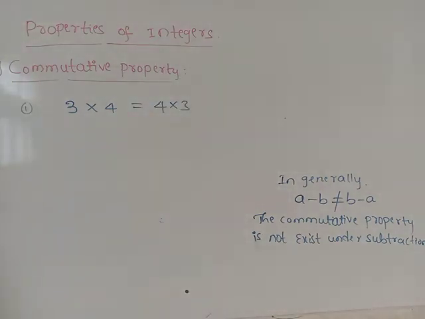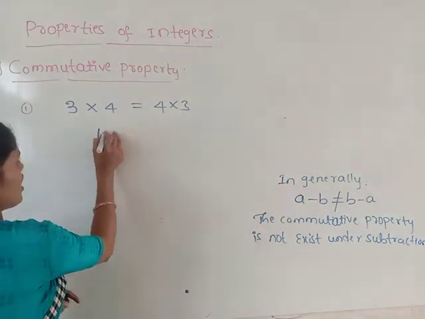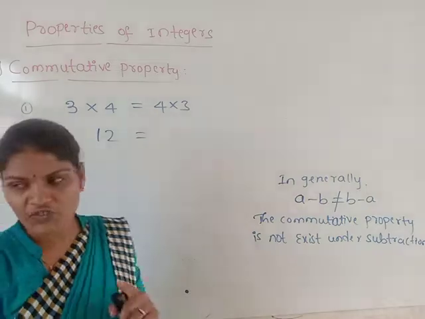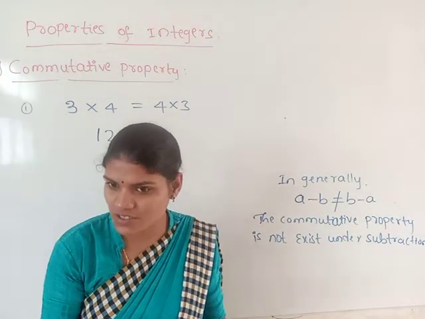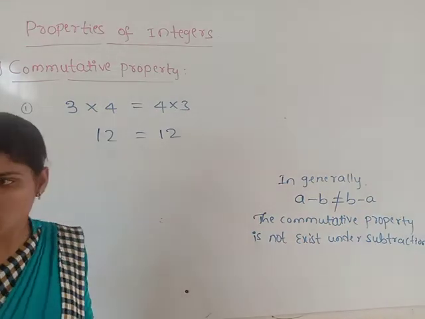Please check it. 3 fours: if you add 4 three times, it is 12. Or else 4 threes: if you add 3 four times, that's also 12.